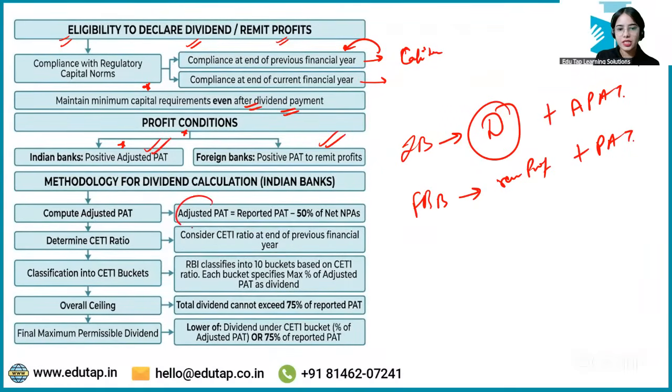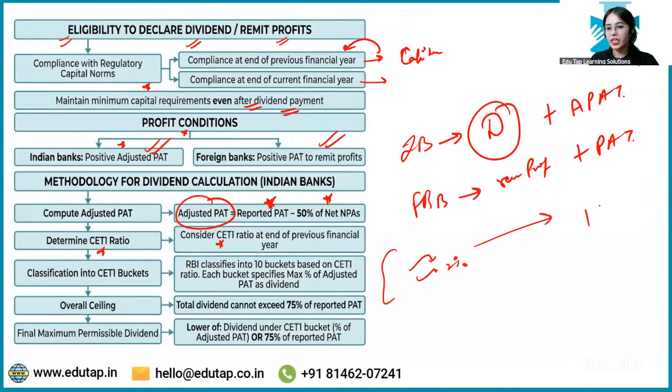Now, the adjusted PAT is the reported PAT, that is reported profit after tax, minus 50% of net NPAs. Okay, so that is adjusted PAT. Now, the dividend payout will happen on the basis of the common equity tier 1 ratio, and on that basis the buckets are divided into 10 buckets. Starting 5 buckets have the increase of 2%.